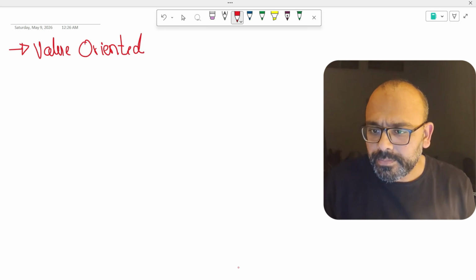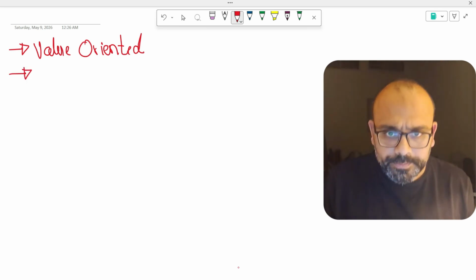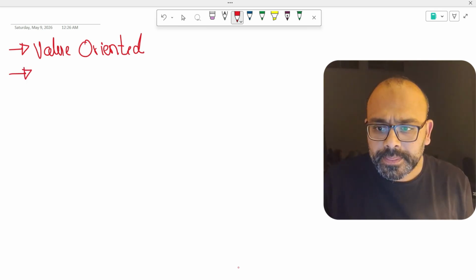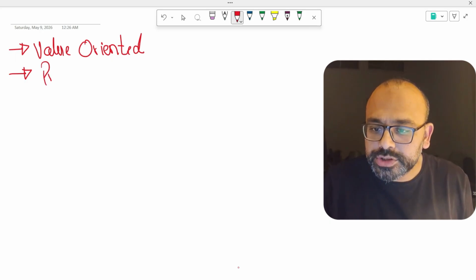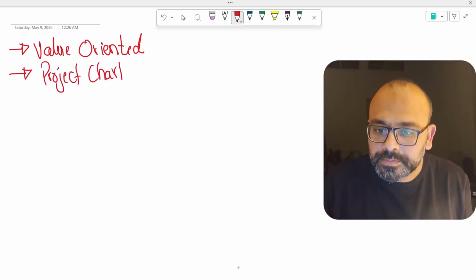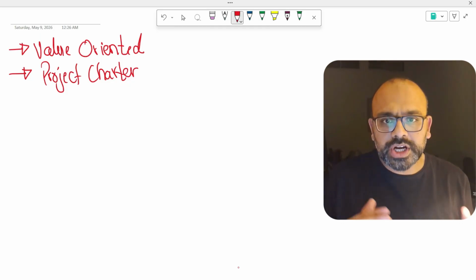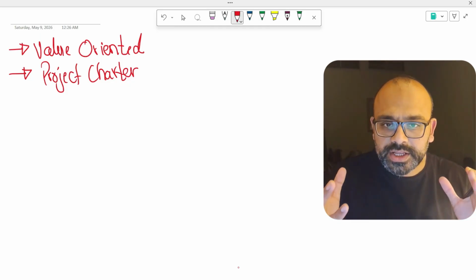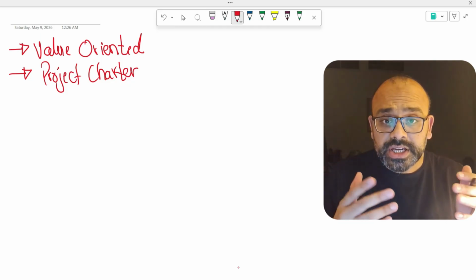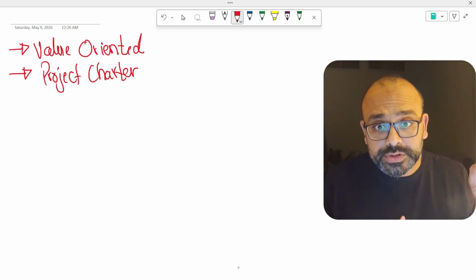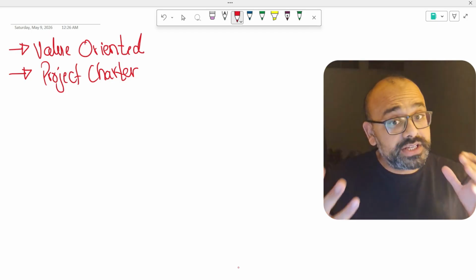Then, you must know everything about the project charter. Project charter is the first project document that initiates the project. It is usually approved by the project sponsor and it authorizes the project.